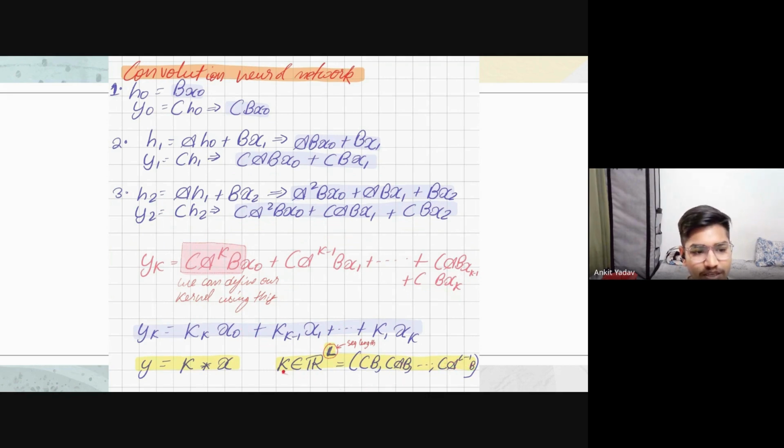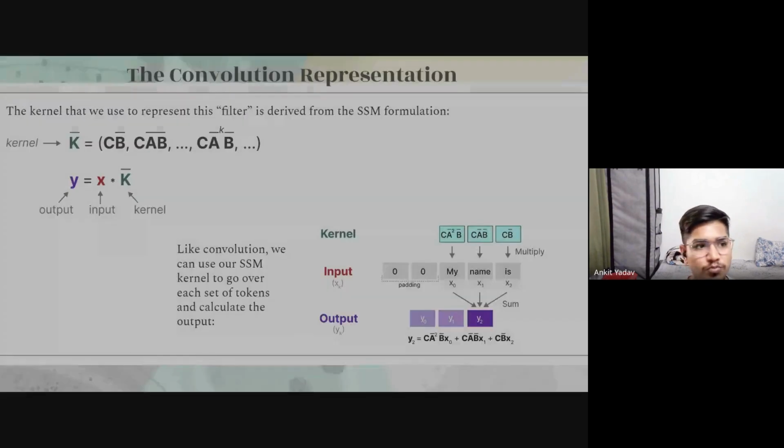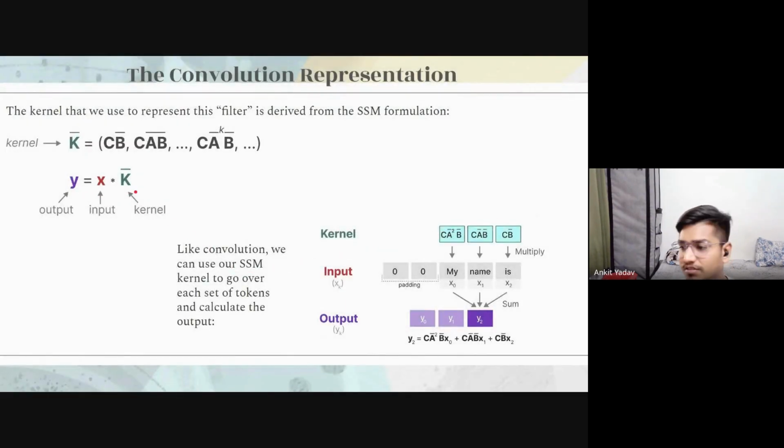And instead of that, I can just write K. It will be K_k x0, K_(k-1) x1, and it will go like K_1 xk. It will go like this. And now I have y = K * x. If I go back to the previous slide, it was y = K * x. Okay.